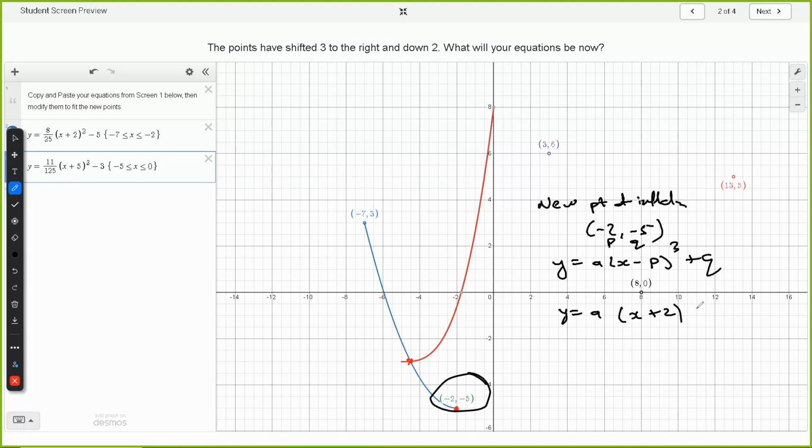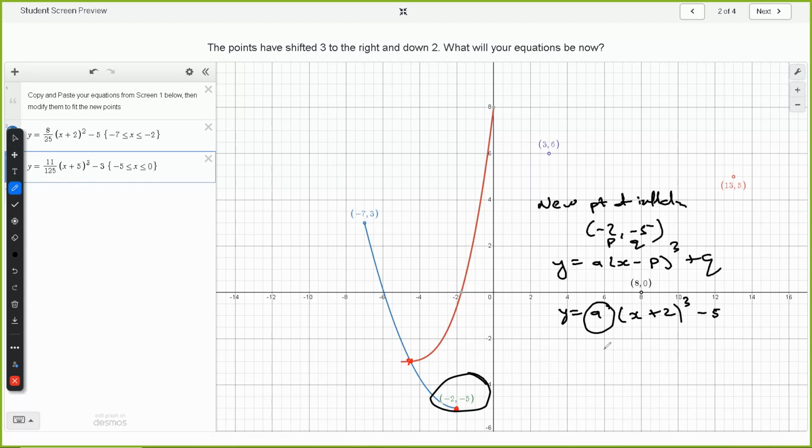Again, we're shifting it right and down. Okay, this is going to be cubed and down to the point of -5. And that is the equation.